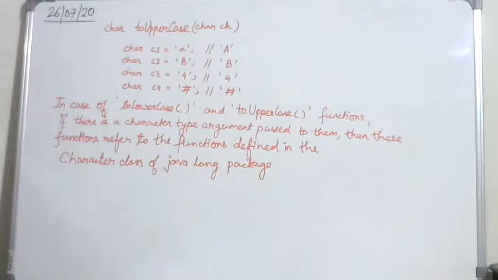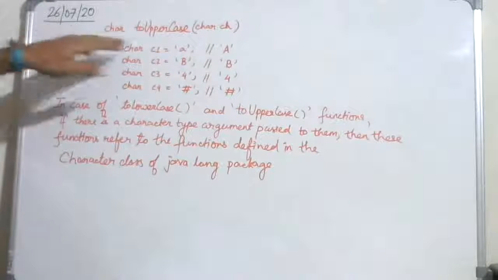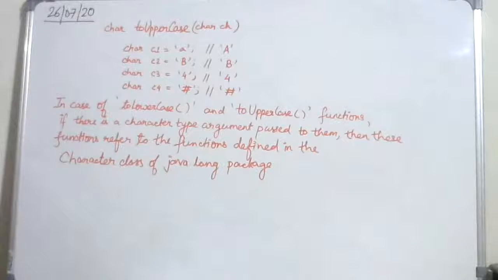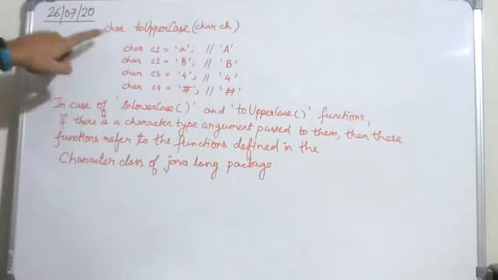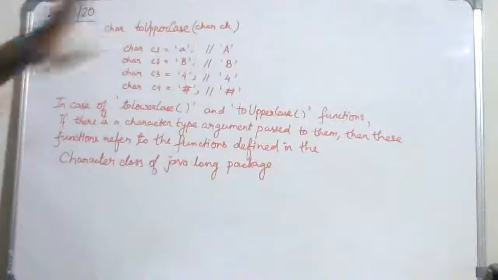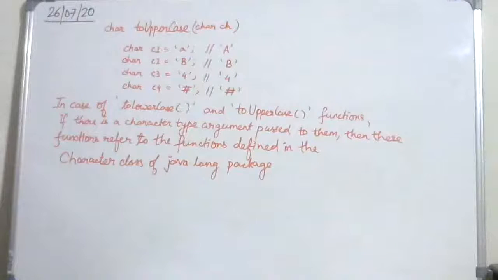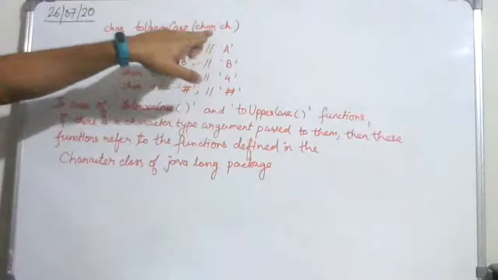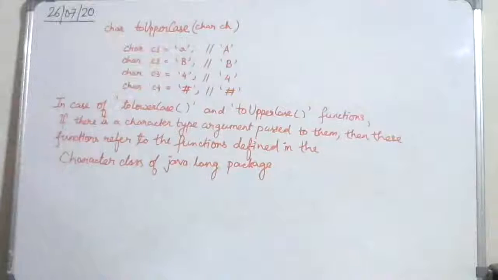Since the name of both the functions are the same in case of the character function as well as the string function, it is called toUpperCase and toLowerCase. For character also it is toUpperCase. Again, when we are working with strings, there is another function called toUpperCase, which has a string return type and does not take any arguments. So that's the way to differentiate. You will look at whether the function takes an argument or not. In case of string, it will not take any arguments.